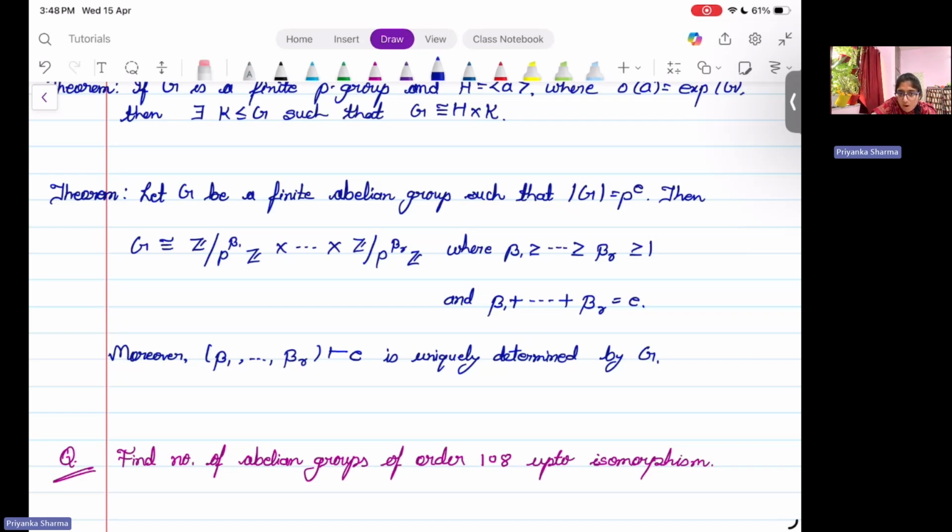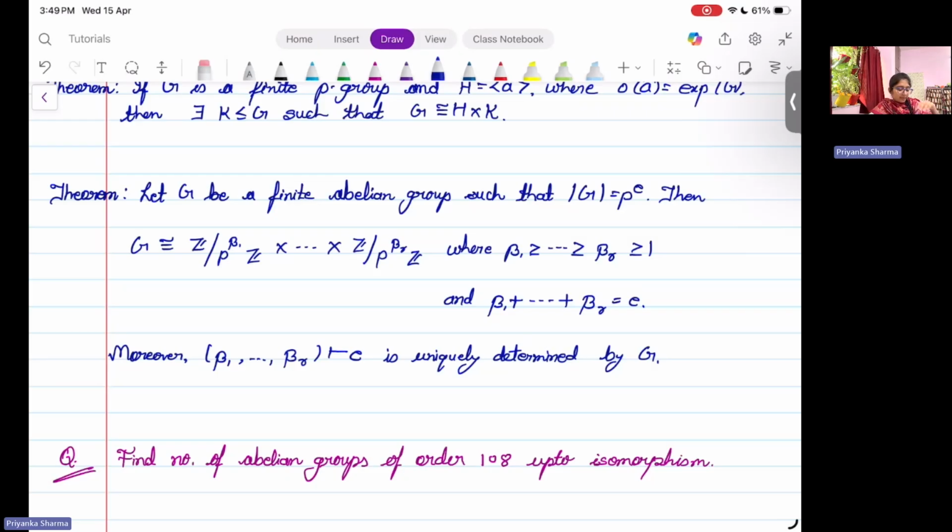Obviously, in all the factors here we have p to the power beta i, where we have this relation that beta 1 is greater than or equal to beta 2, which is greater than or equal to beta 3, and so on up to beta r. And they all are greater than or equal to 1.